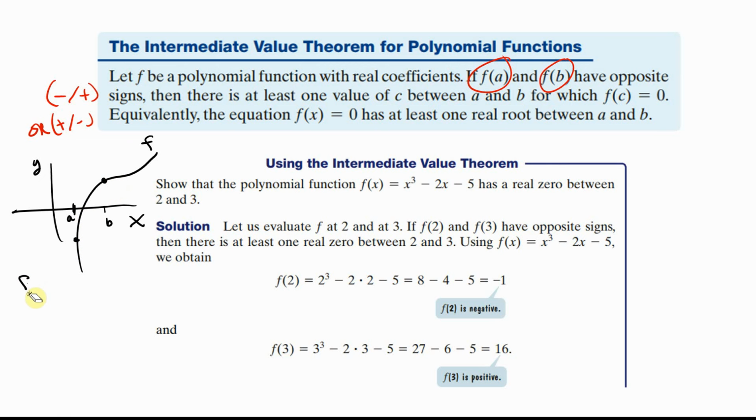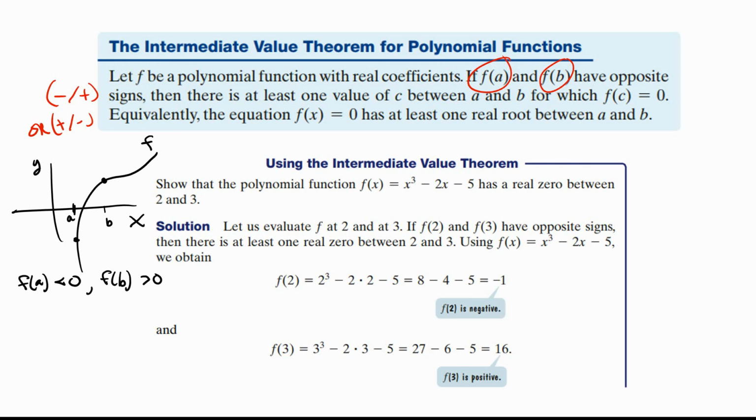Now notice that f of a is less than 0. It's downstairs. It's negative. The y value is negative. f of b is above the x-axis. It's positive. That means that in between a and b, that graph has to touch down and cross the x-axis. That's all they're saying. So here we guarantee the 0.